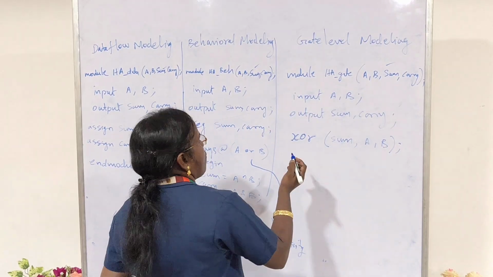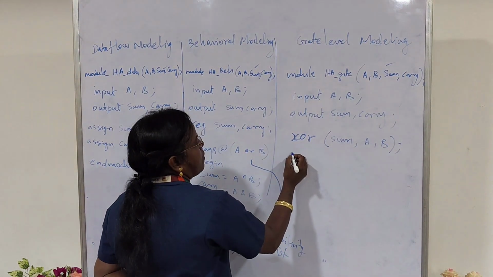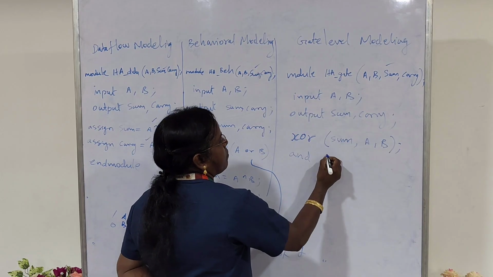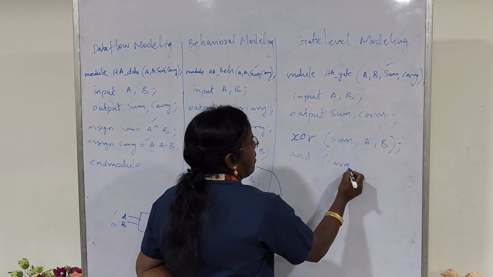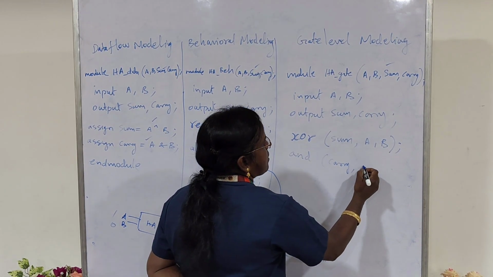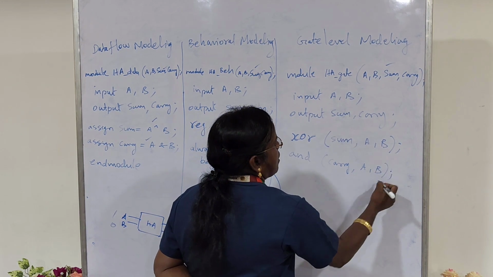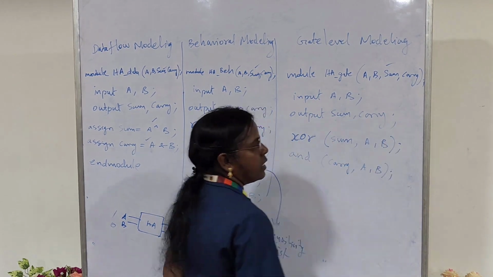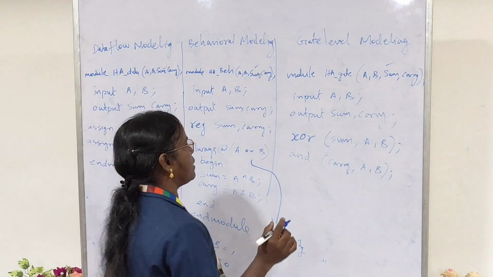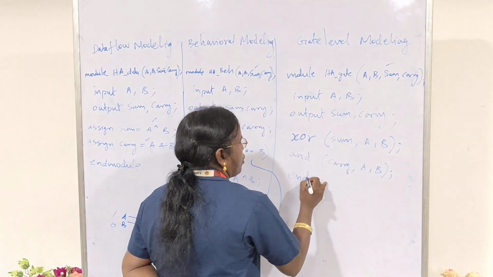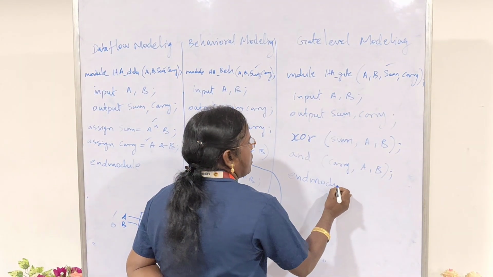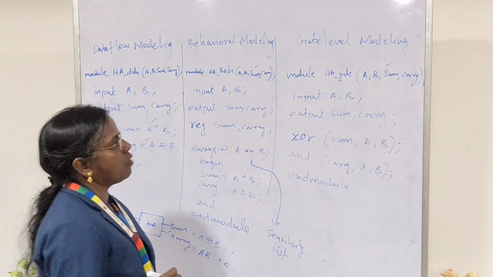In the same way, for implementing the carry function, we have to use the AND gate. Within the brackets, list the signals by mentioning the output signal first and then the input signals. These two are called gate instantiation statements, and then the entire program should be terminated by using the keyword endmodule.